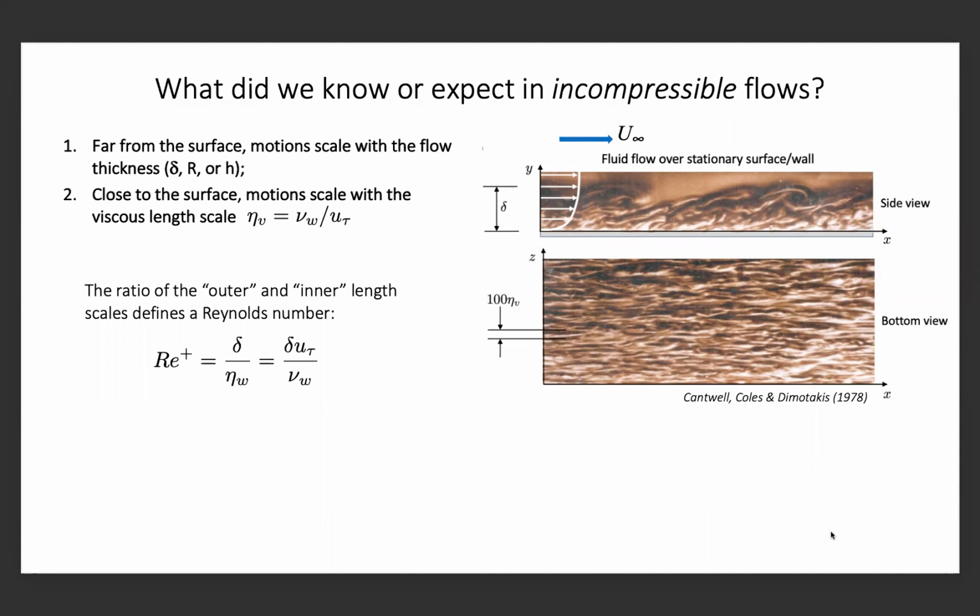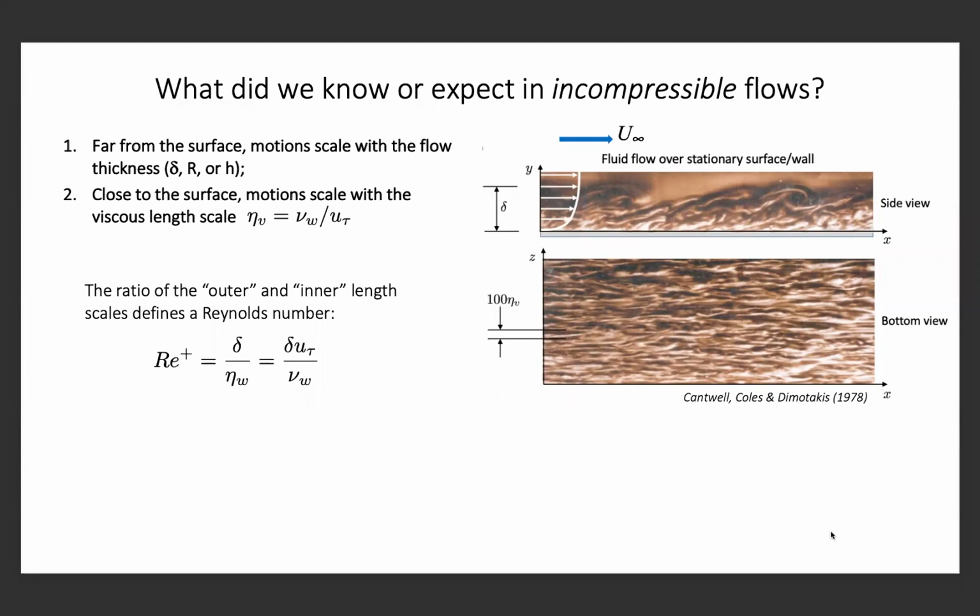Conversely, if we look at the flow near the wall, the picture below is the streaky structure looking up through the boundary layer from the bottom. So it's a plan view looking up into the boundary layer, and we see these streaky structures with a characteristic dimension of about 100 viscous length scales.